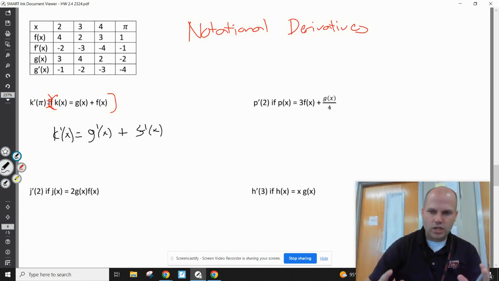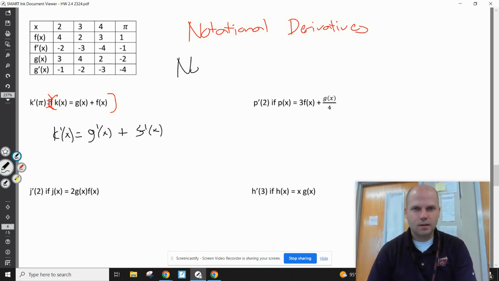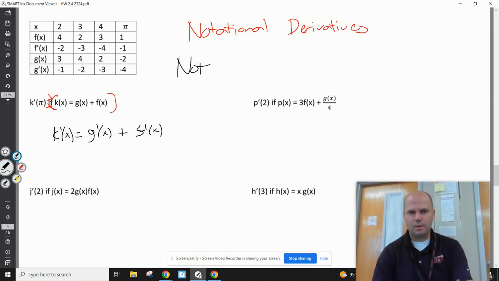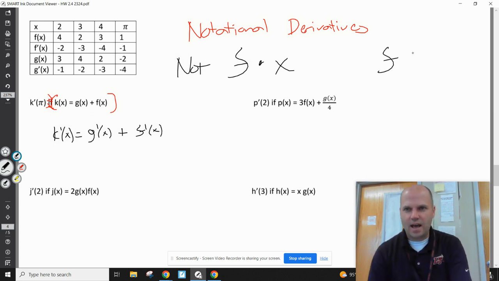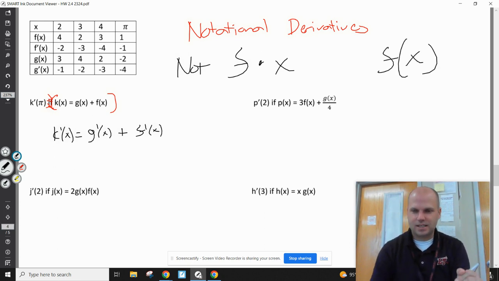These are not equations. This is a big mistake for a lot of people. This is not f times x. That's not it. This is not some sort of product. This is the function f that uses x's.